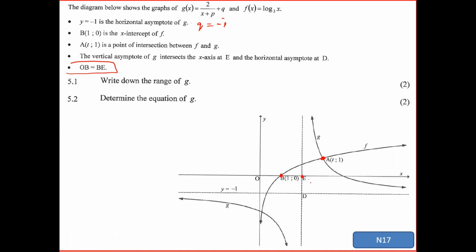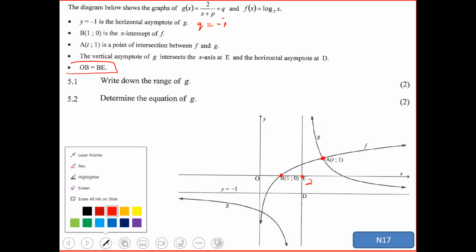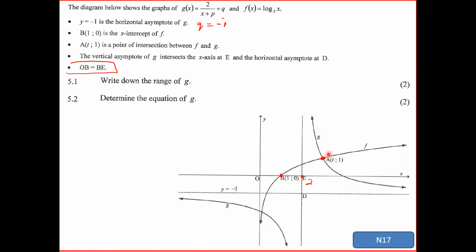Okay, so we can make a note of that. The first question is: write down the range of g. So what graph is g? Hyperbola. All right, everyone's got that? If we look at g, here's our g graph.